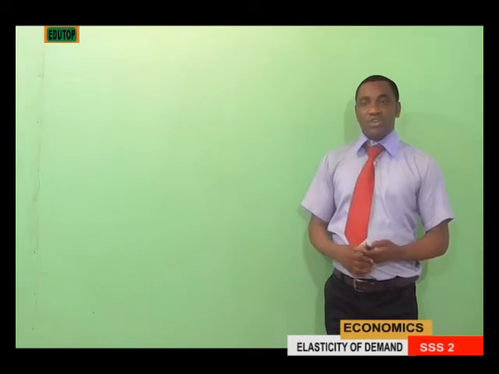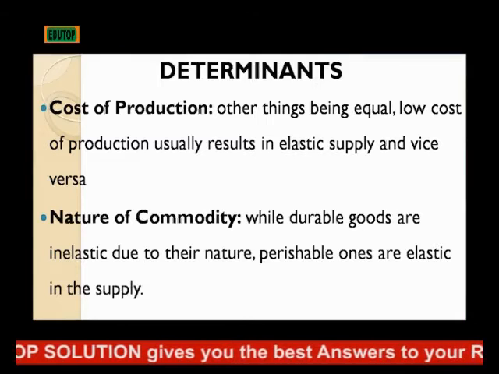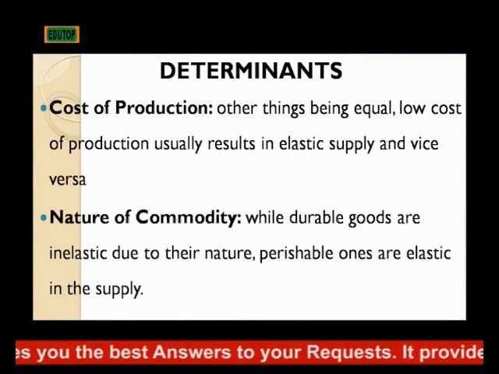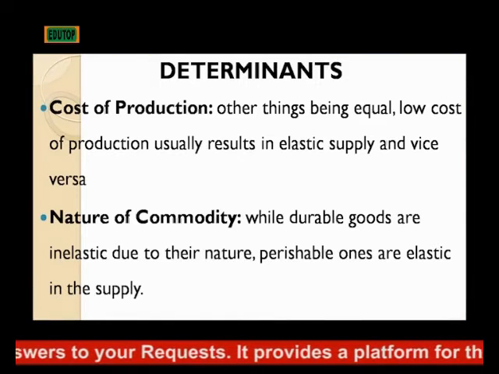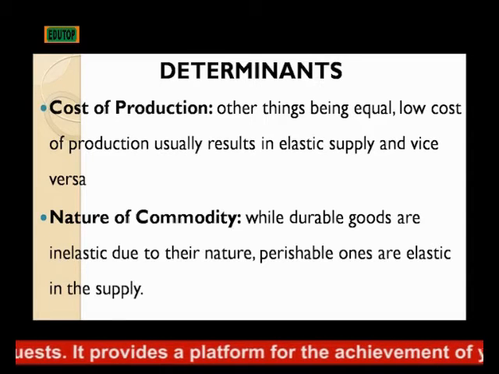The second one, the nature of commodity. While we have durable goods, we have some goods that are not durable, that are perishable. The durable goods usually have an inelastic supply due to their nature, while the perishable goods usually have an elastic supply.